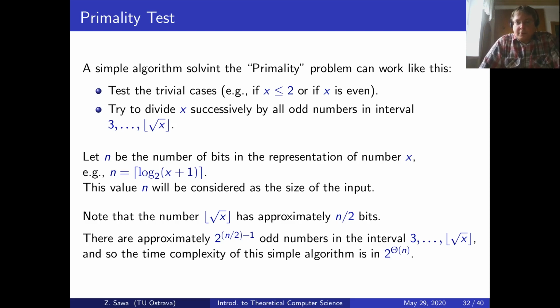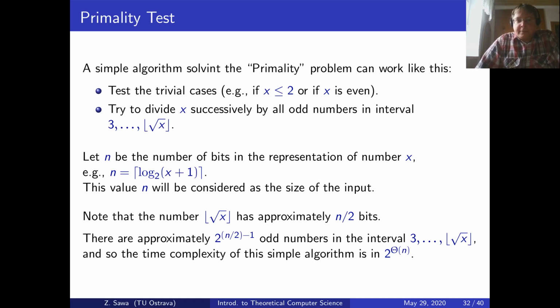The most trivial would be to try numbers from 2 to x minus 1 and try to divide x by all these numbers. If for some of them we have remainder 0, then we know that x is not a prime, so we return the answer no. And if for each of them we have a non-zero remainder, the answer is yes.